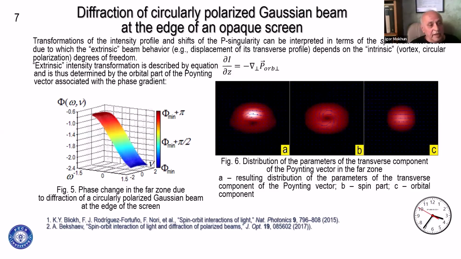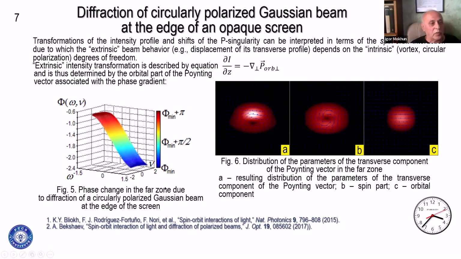To explain the appearance of the Poynting singularity shifts, let us turn to this figure, which shows the parameters of the resulting Poynting vector, its spin part, and the orbital part.